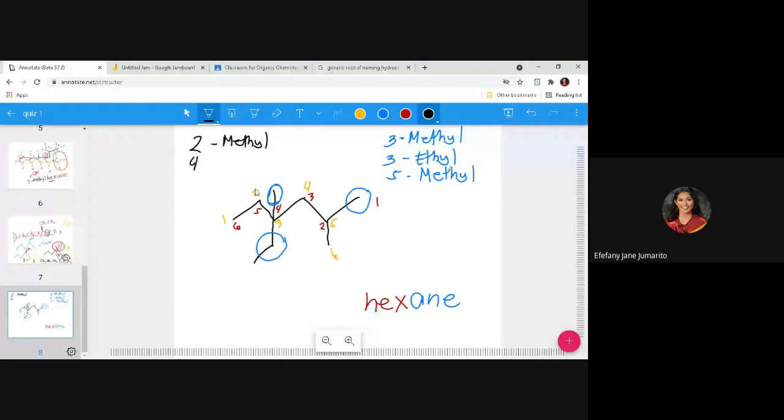Unsa ang 4? Methyl again. And then this one, 4 ethyl. Okay. Now let's sum it up, class. Let's have a sum. 4 plus 4, 8. Plus 2, that is 10.